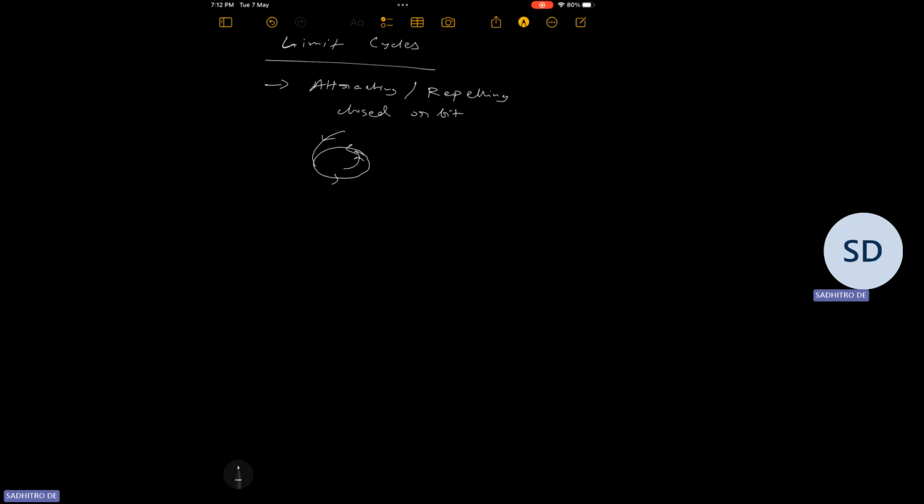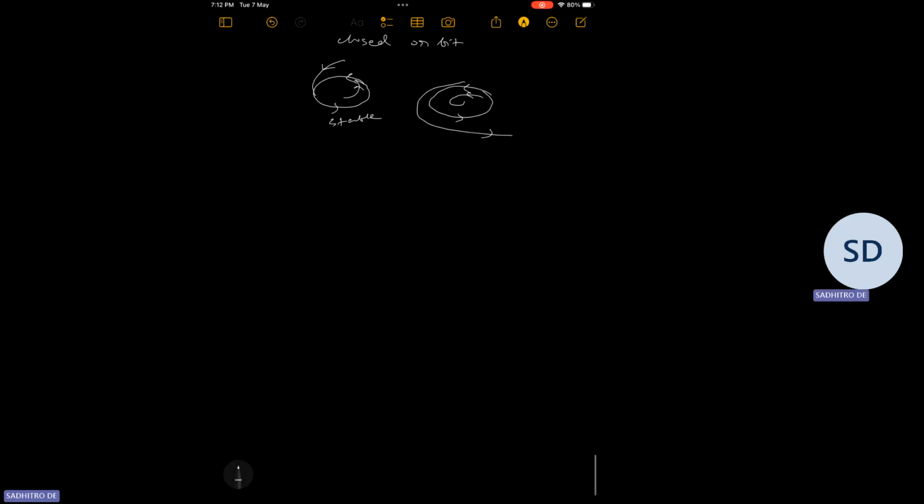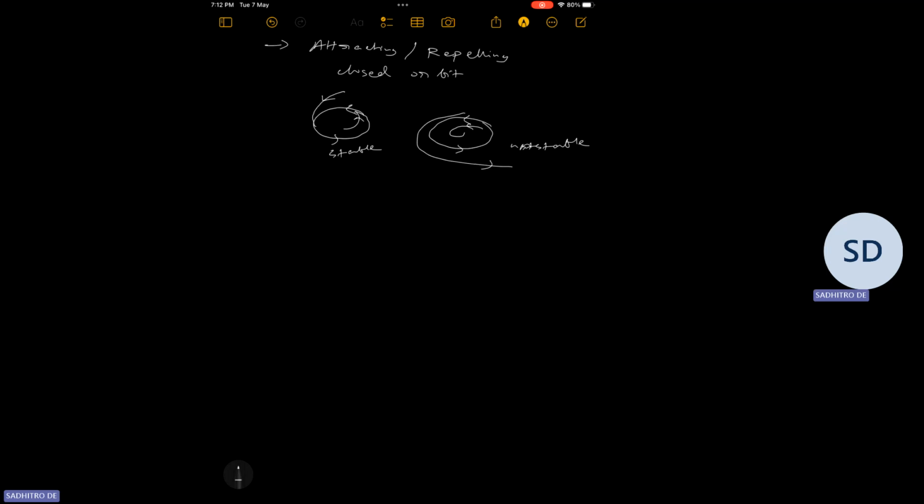This one is an example of a stable limit cycle. It can also be an unstable limit cycle if any trajectory starting near it goes off to infinity, while any trajectory starting from its inside spirals down to the center. This is an example of an unstable limit cycle. Or it can also be a half stable limit cycle.